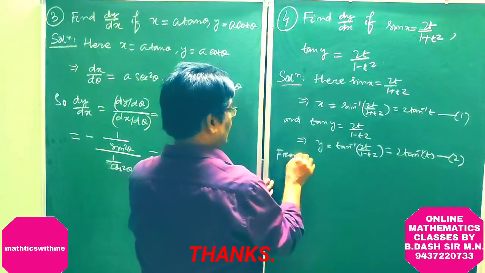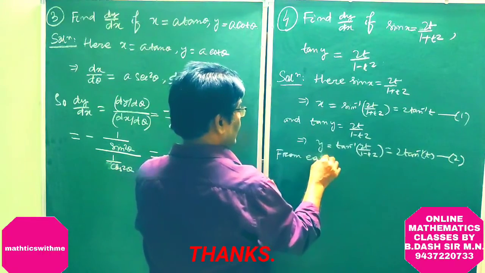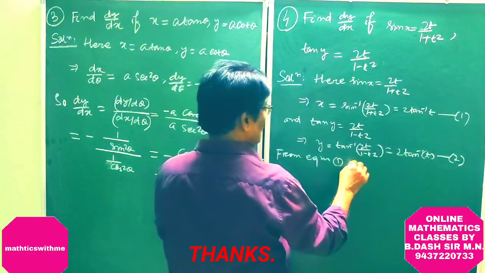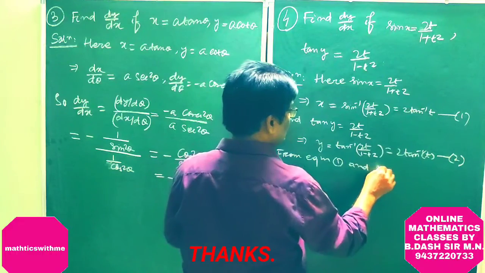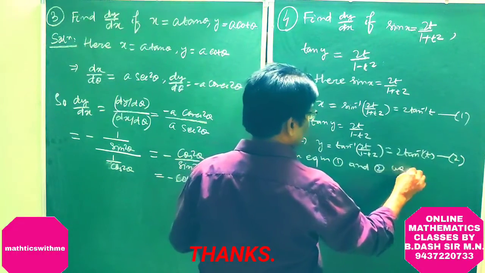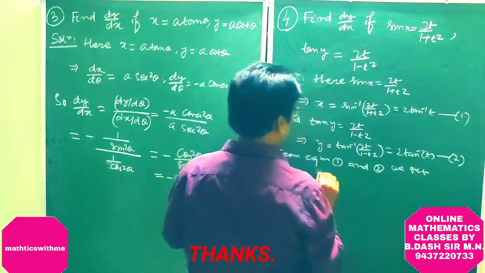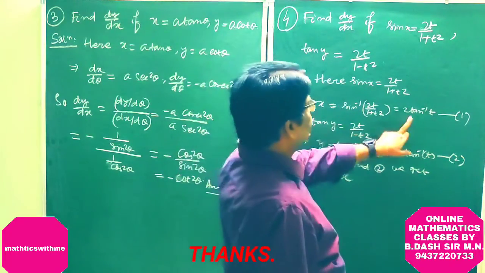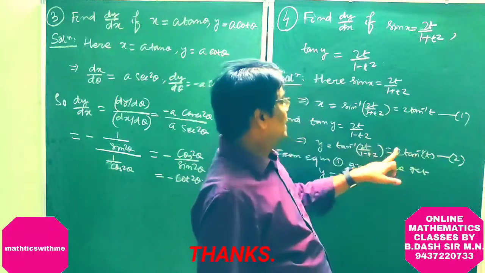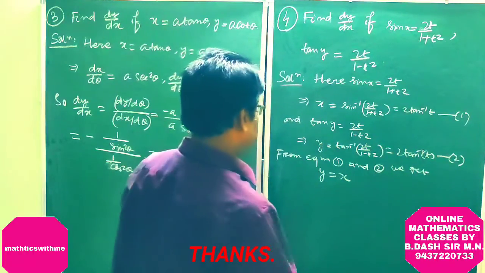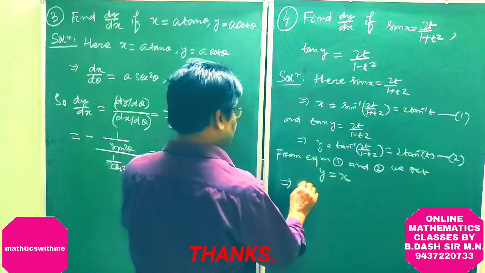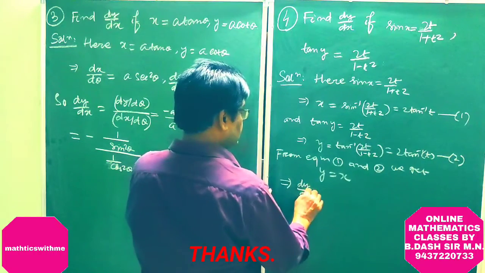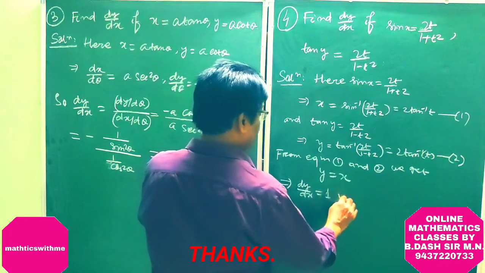From equations 1 and 2, we get y is equal to x, because x is equal to 2 tan inverse t and y is equal to 2 tan inverse t. So this implies dy by dx is equal to 1.